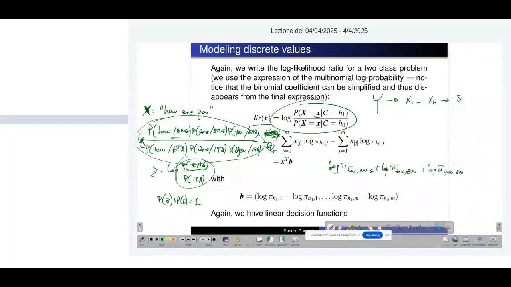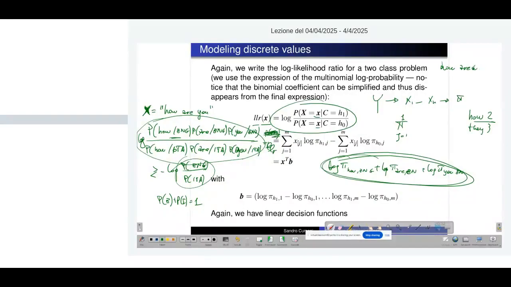As before, let's not write it in terms of the sequence, but in terms of the dictionary occurrences. Imagine that I have a long sentence where "how" appears 2 times, "they" appears 3 times, and so on. This sum would be what? Well, if I have, for example, "how are you okay?" This is a longer sentence.